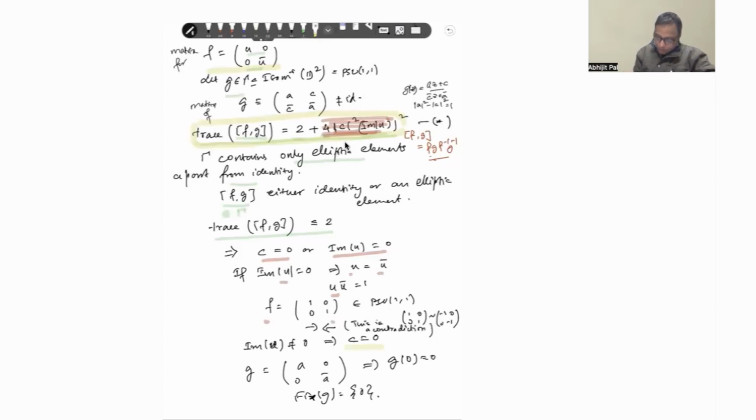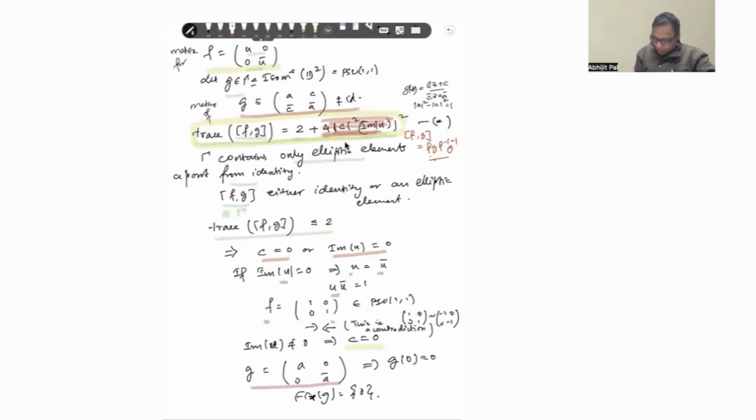Now if c is equal to 0, g we have taken to be this thing, so the matrix for g will be this, with c equal to 0.